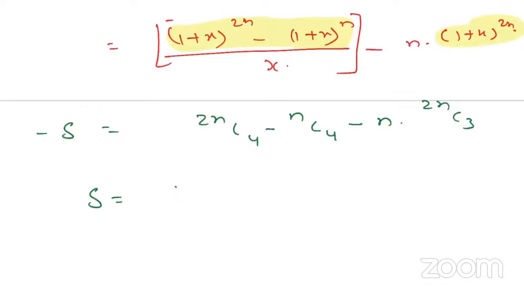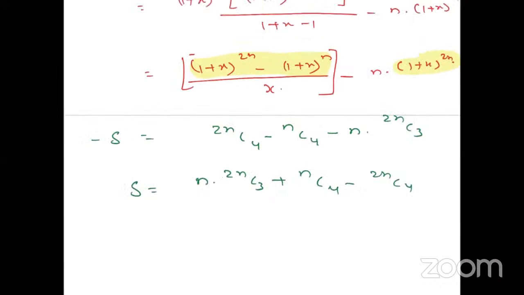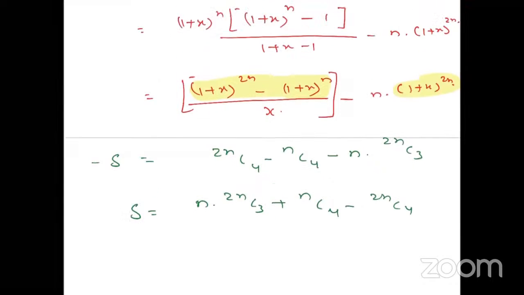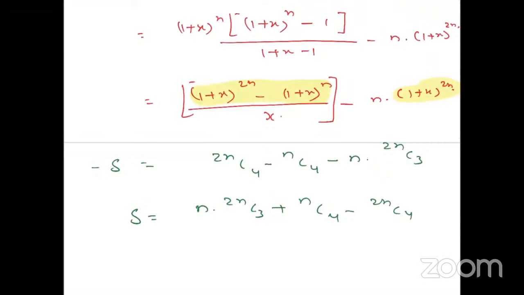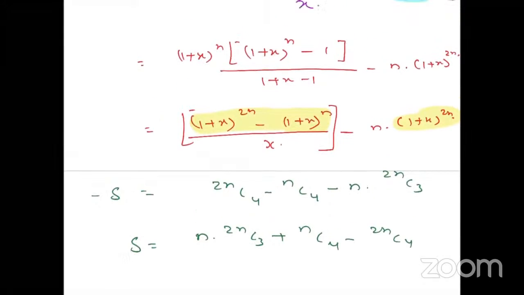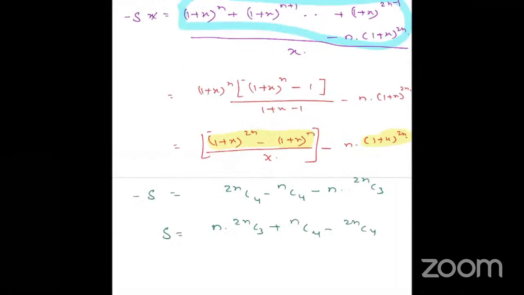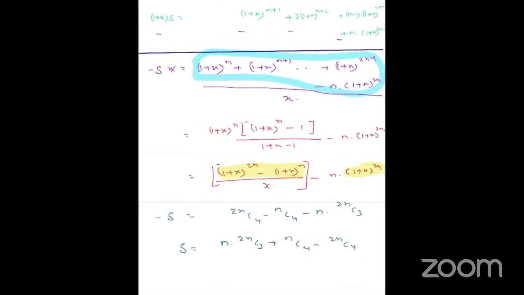So S is equal to n into 2nC3 plus nC4 minus 2nC4. Please note down.